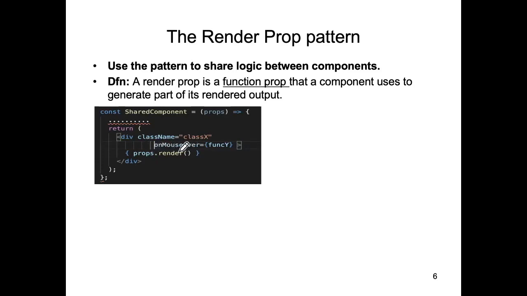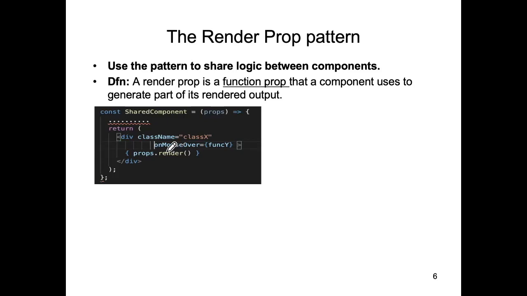So whatever this expression returns, which presumably will be JSX, that's going to be inserted into this containing div in this case. So in this case, render is a function, whereas when I was using the children's prop, it wasn't a function as such, it was more referring to an object.